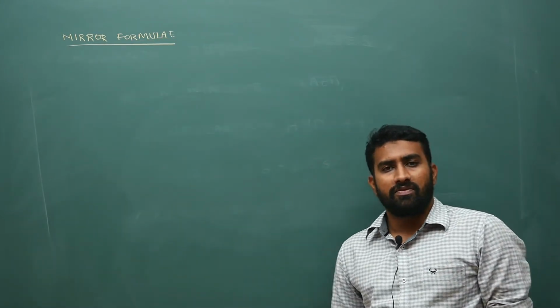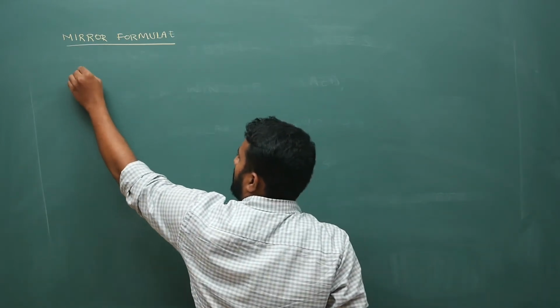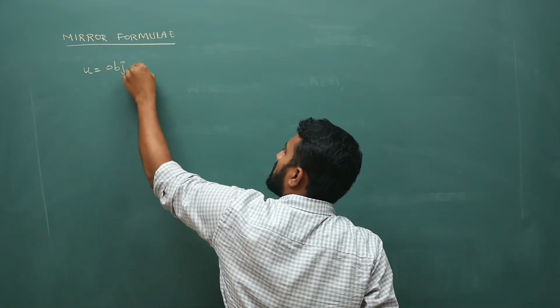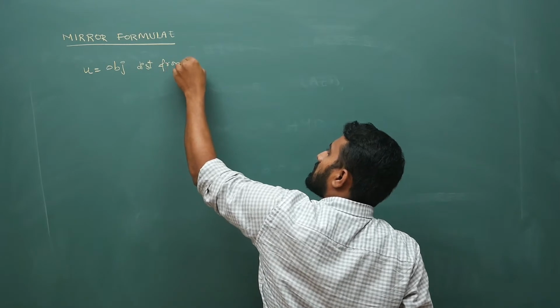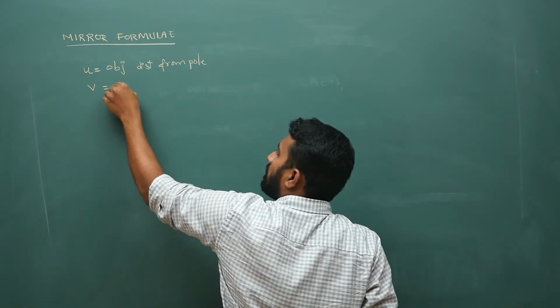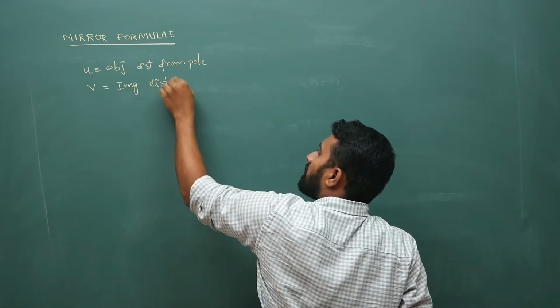First of all, U represents object distance from pole. All distances will be measured from the pole. V is image distance from pole.